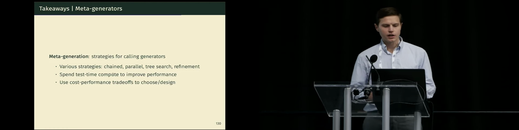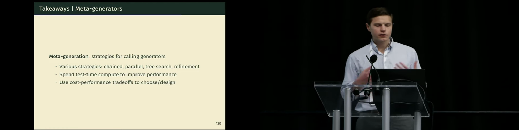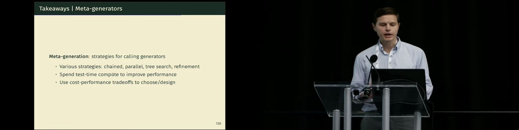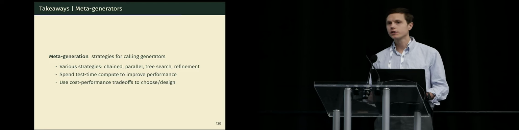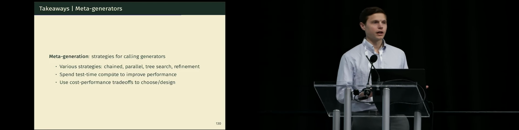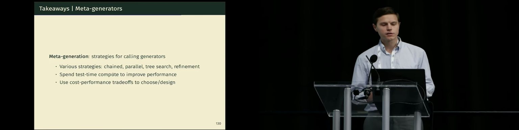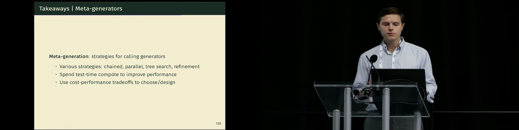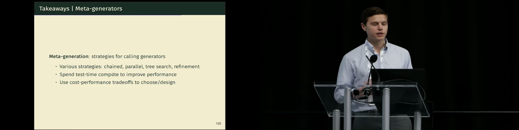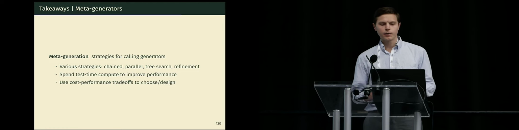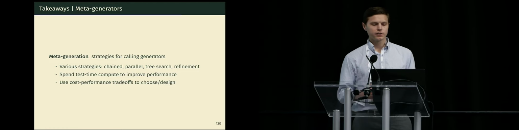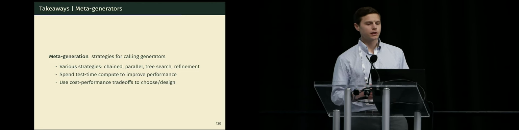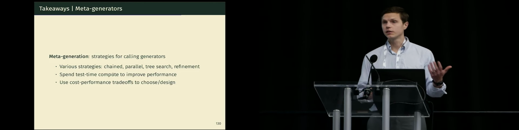So some takeaways: there have been different patterns that have emerged for these meta-generators, and each one has turned into its own sub-area of research. Some of these patterns we're beginning to understand better and better. One common theme is that often we can spend test-time compute to improve task performance.